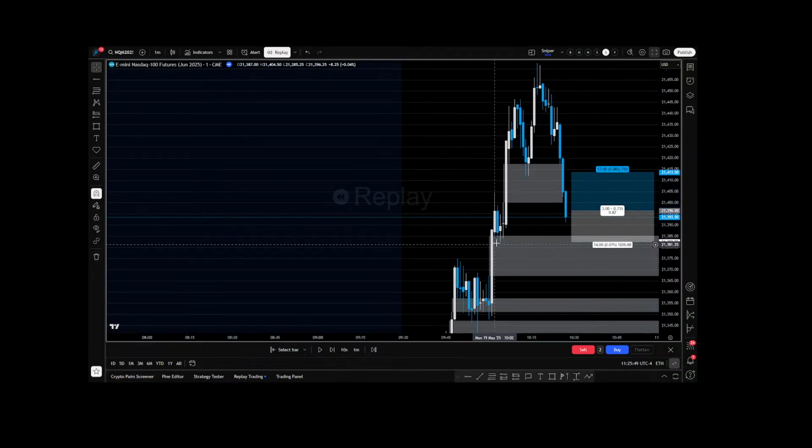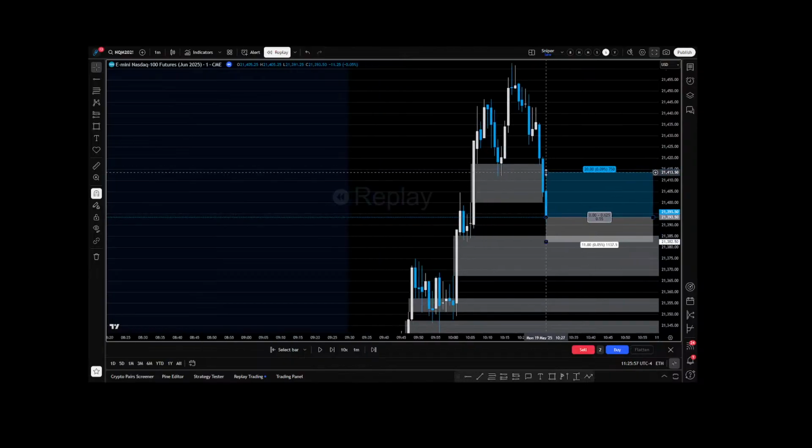Now let's say we're taking profit at this low, going break even at this fair value gap. From the close, that's 11 points.